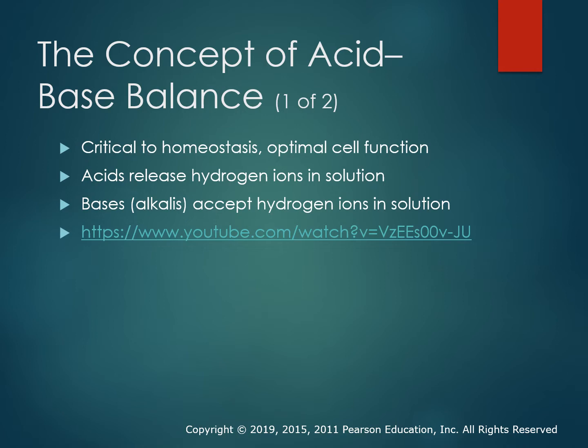Anything below 7.35. As hydrogen ion concentration falls, the pH rises, and the solution becomes more alkaline or base. So let's say that again. As hydrogen ion concentration in the fluids increases, the pH will drop, and I'll become in a state of acidosis or acidotic, 7.35 below that.